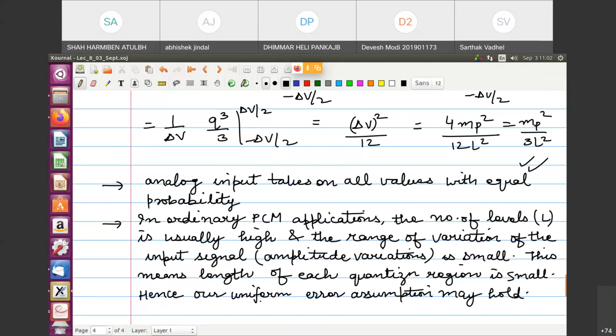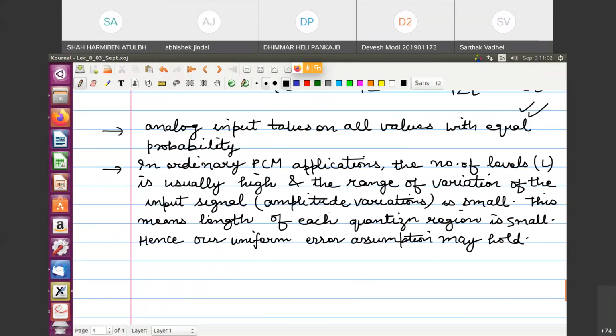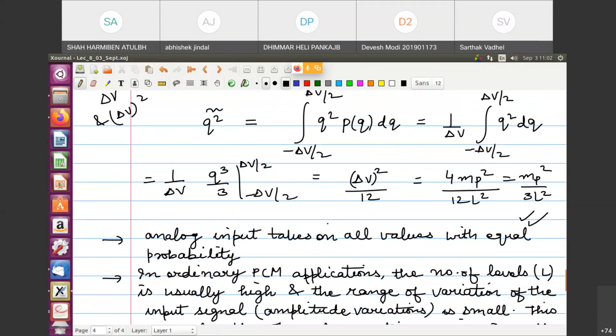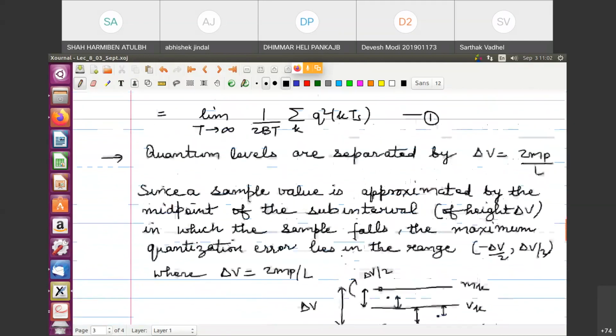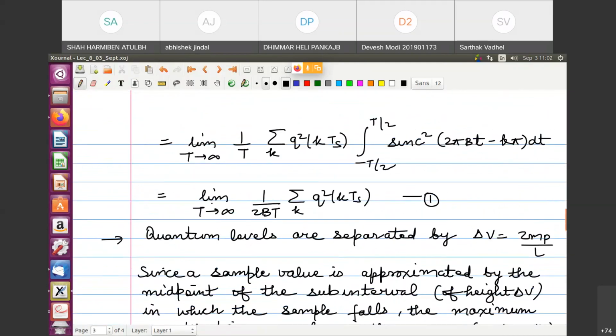So it is observed that over a very large interval, this uniform assumption will hold. Okay. So these are the two reasons which I could find. I felt that they are okay to accept, but if at all they are not okay to accept, you can still see that we cannot have a move after this expression.